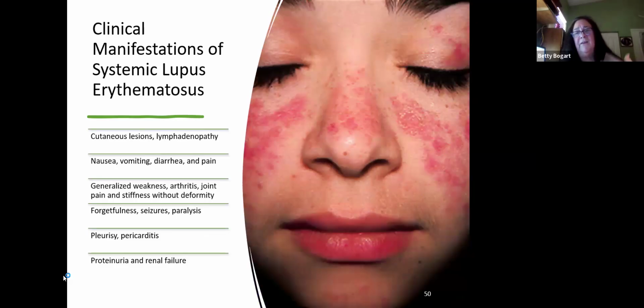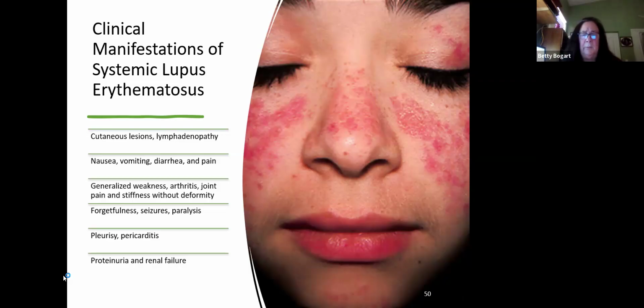Now, one of the organs it can affect is the face, that skin. And the rash can look like anything. I've shown you a couple different types. Anything on the face like that, we could say that's lupus. It does get nausea, vomiting, diarrhea, pain, that weakness. I think it gets to the point where they see the arthritis, they see forgetfulness, maybe a seizure, and then they come in for figuring out what's going on.